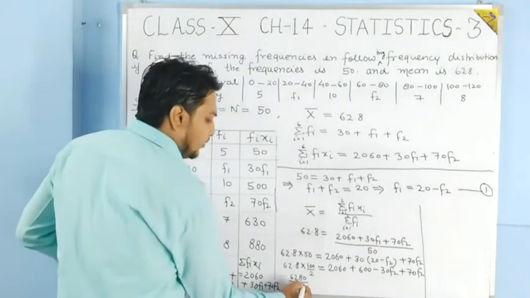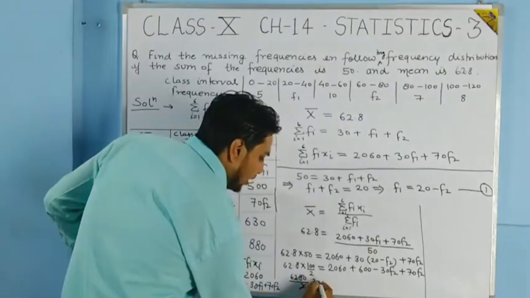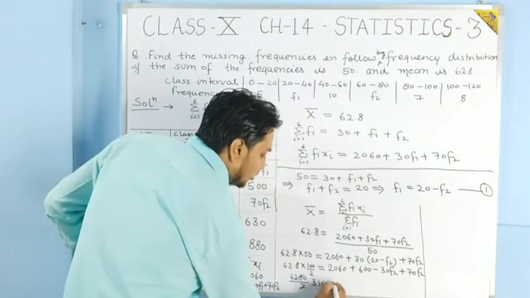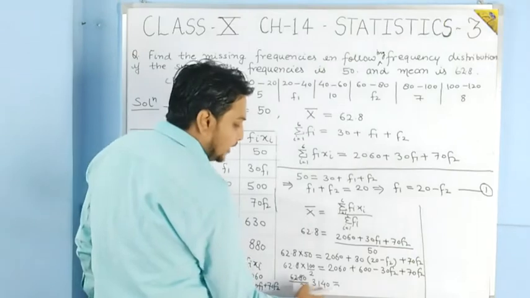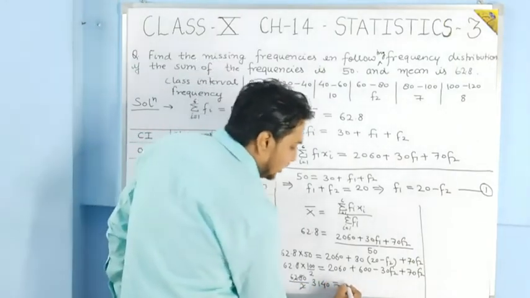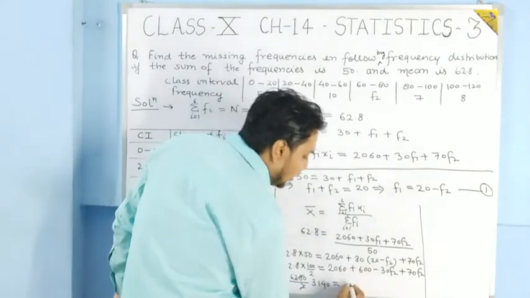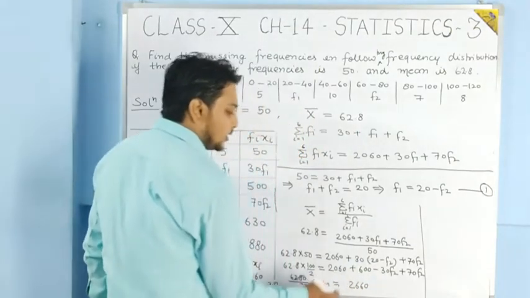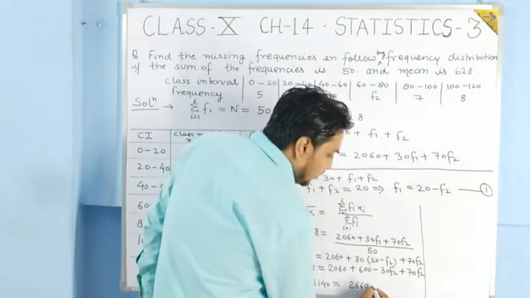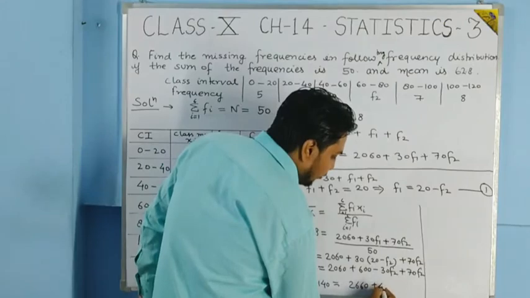Then we can easily cancel it, it will come 3140. See, easily it has been solved. And here it is 2060 plus 600, that will be 2660. 70 F2 minus 30 F2, that will be 40 F2.